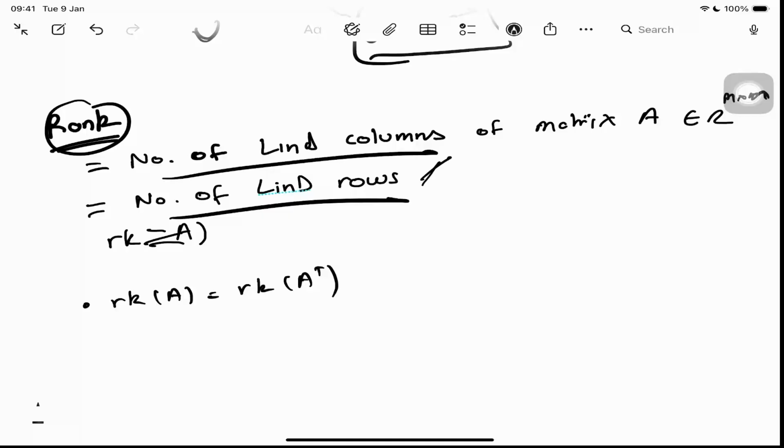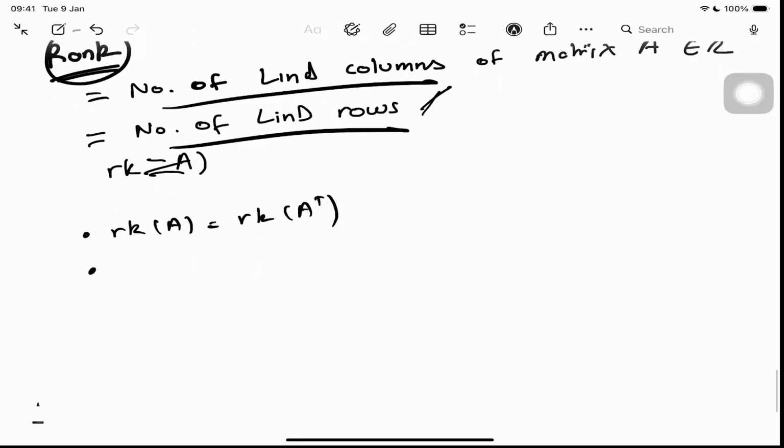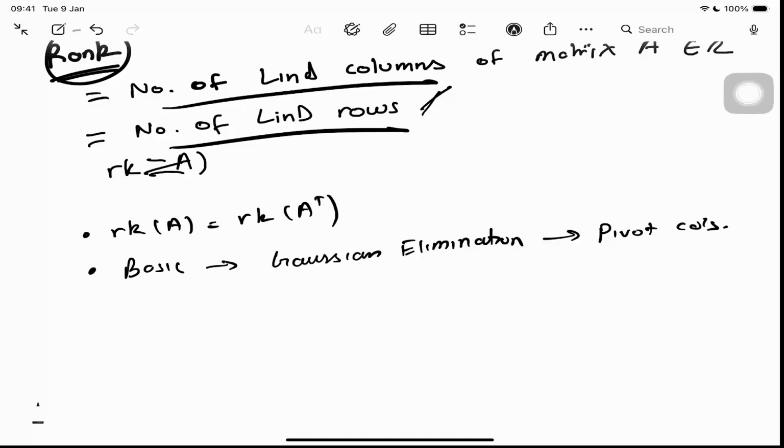Second, again, how we found the bases: bases can be found using Gaussian elimination on A to identify the pivot elements. So for bases, we do Gaussian elimination and identify the pivot columns.